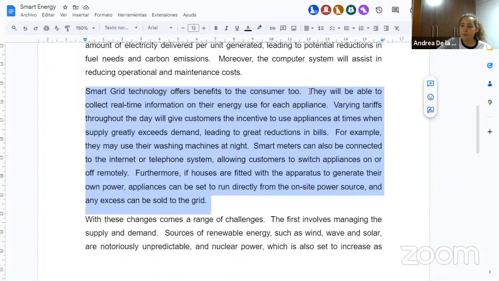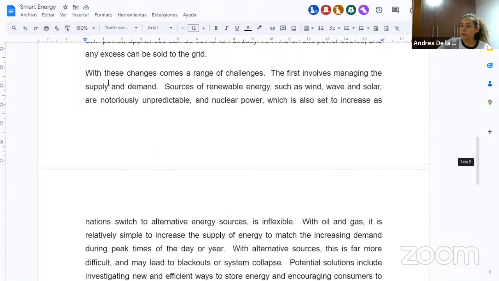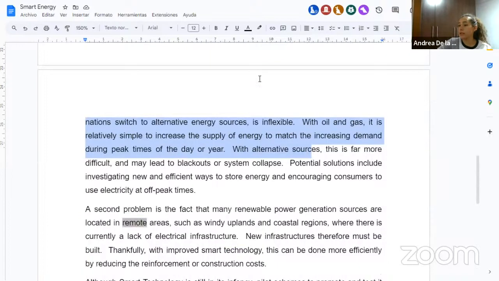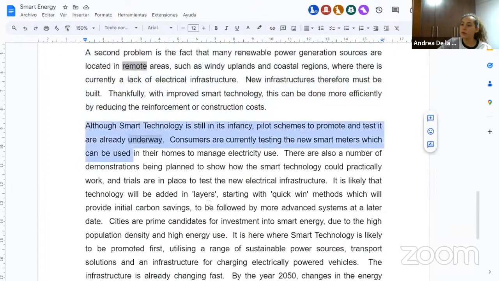It talks about the benefits to the consumer, right? First sentence. What about the next paragraph? It's about the first problem, the first challenge. The next is about the second problem. And then they talk about how this technology will be implemented in the future.